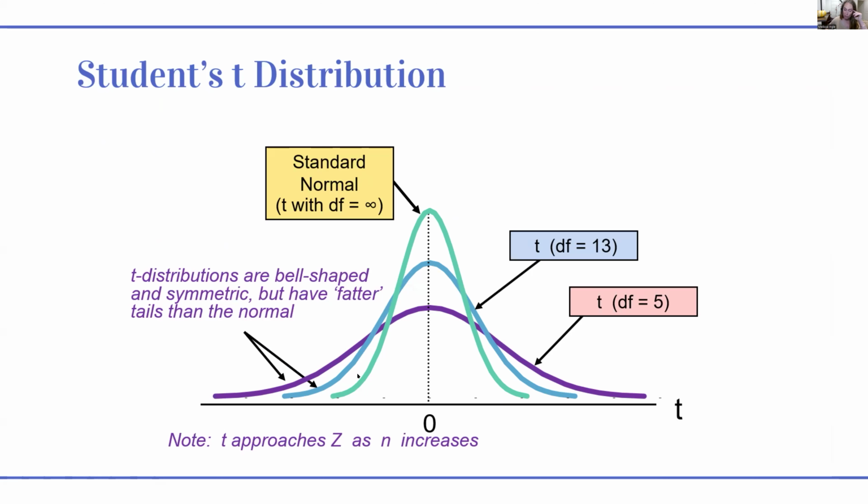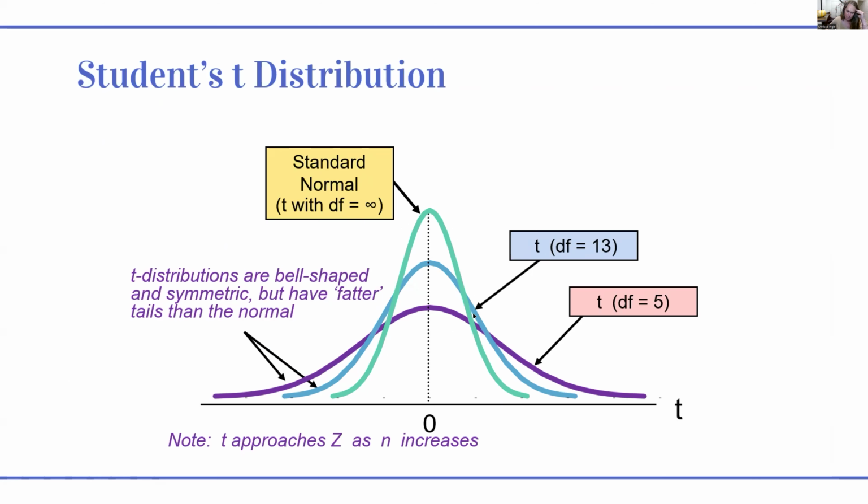We've got three curves here. We've got this lighter green, teal kind of color. We have a standard normal distribution. The mean is 0. You can use the z-score, so the degrees of freedom is infinite because you know the true mean. And t distributions look a lot like it.